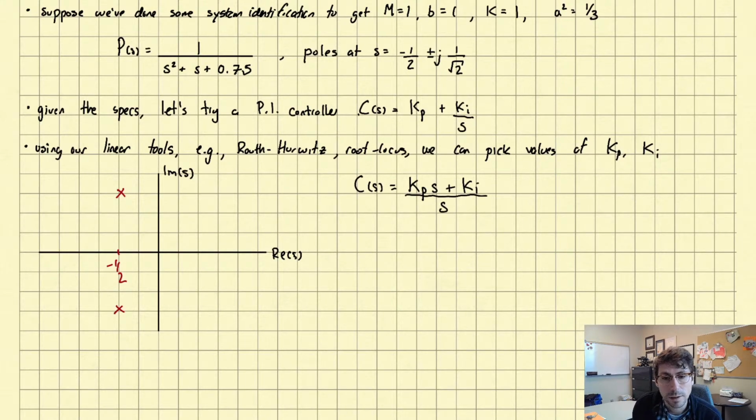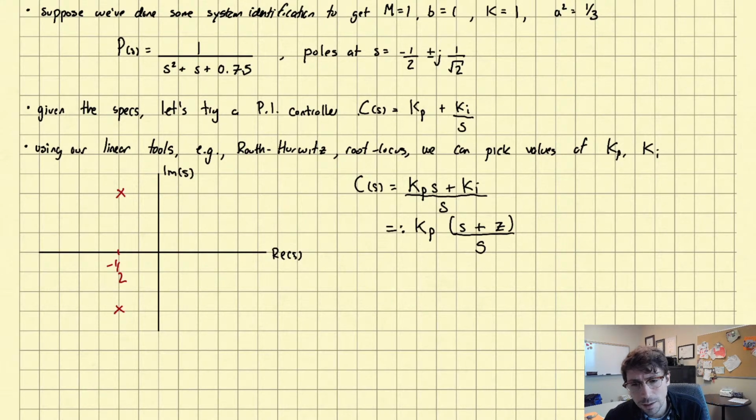Okay, so I put it over the common denominator, and then I'm just going to define this quantity by factoring out the Kp. I get my PI controller written this way. So the PI controller design, you can think of it as picking where you want the zero of the controller, and then finding a value of Kp, and then of course you can back calculate to get the integral gain if you want. So in this case, we just want to pick the zero.